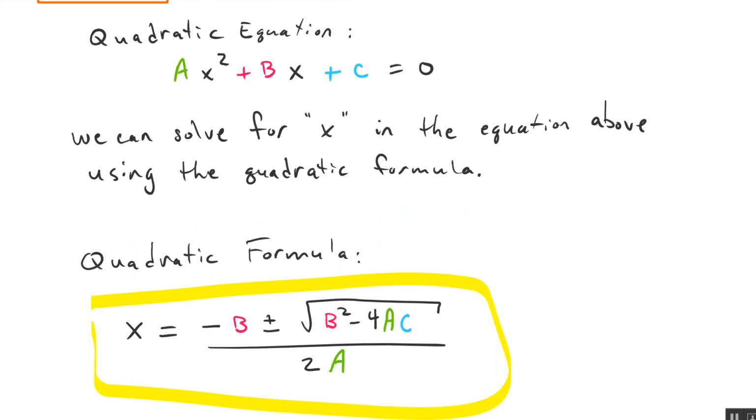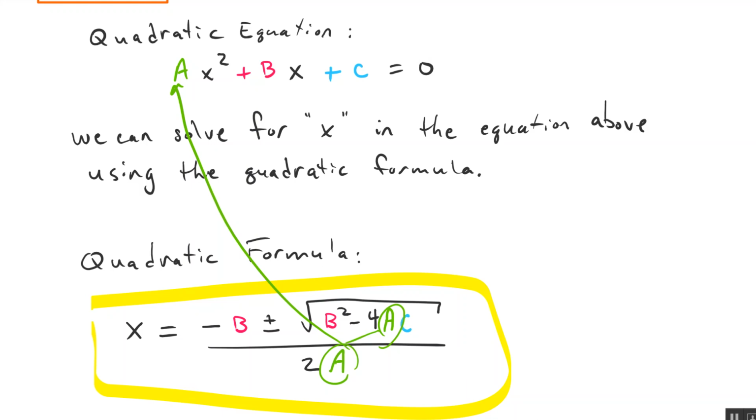And the b, the a, and the c are color-coded to show you where they come from. So you can see that the a, this one and this one, come from right there, the leading coefficient.